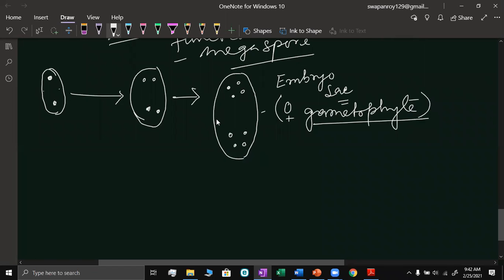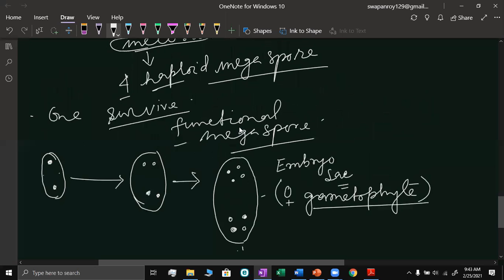Now there will be organization. Okay, organization what? So it is 8 nucleate initially and 4 nuclei at each pole. This side is the micropylar end, this side is the chalazal end.